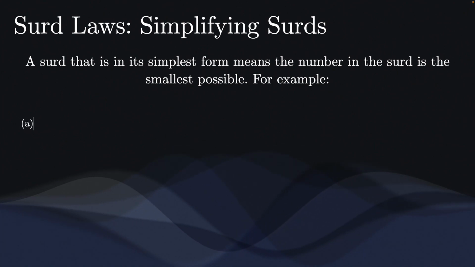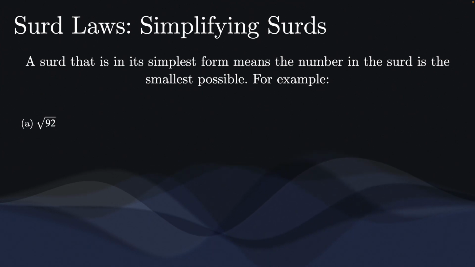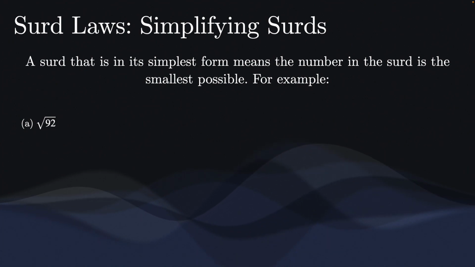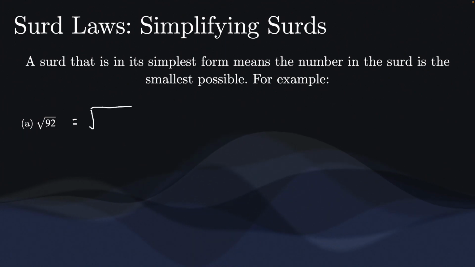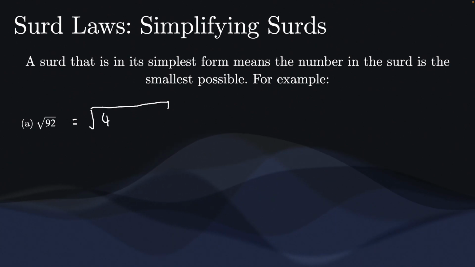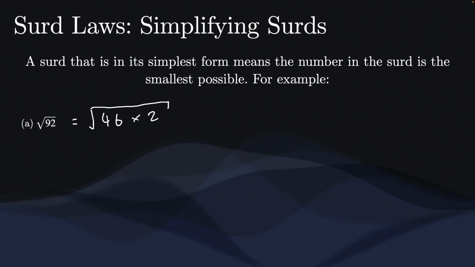Let's go over some examples to demonstrate what that means. If we have the square root of 92, what's 92 equal to? Well, we can just divide it by 2. So that is equal to 46 times 2.